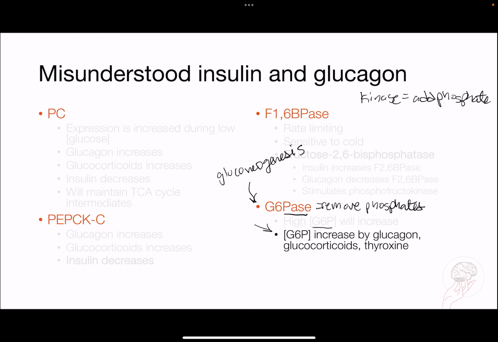It's removing a phosphate from glucose 6-phosphate, which means it's making glucose that can leave the cell. That's going to increase blood glucose.